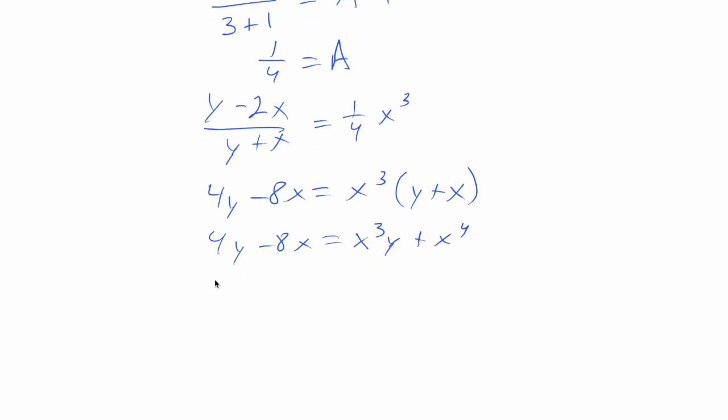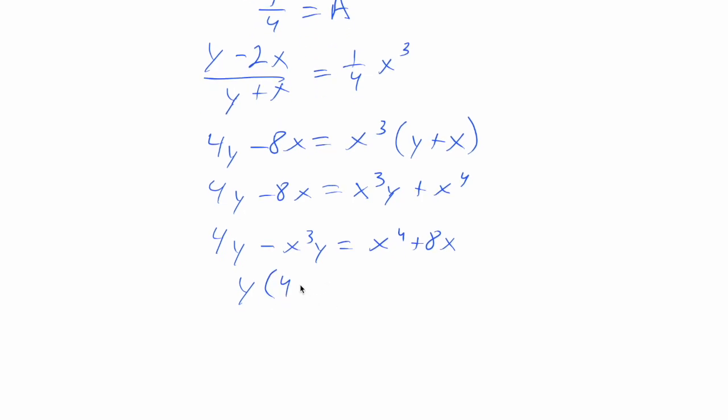To solve for y, we bring the y's on one side. We have 4y minus x cubed y equals x to the power of 4 plus 8x. Factor out the y. And we have y equals (x to the power of 4 plus 8x) over (4 minus x cubed).